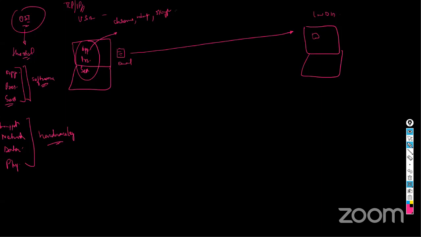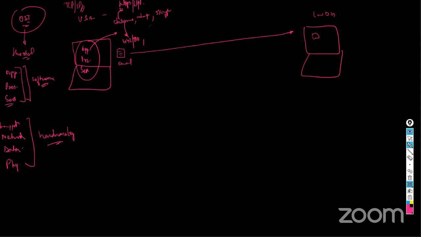Now, as a network engineer, these applications are not of importance to me. The port number that they respond to is of importance. Where is Chrome responding to? It's responding to HTTPS or HTTP, and they have their own port numbers like 443 or 80.